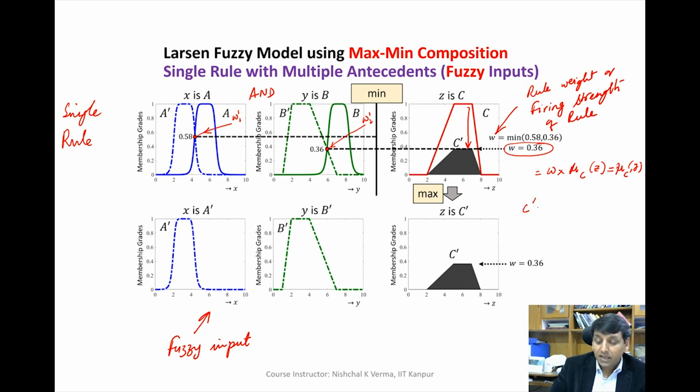So what is C dash here? C dash will be nothing but the fuzzy set defined in terms of mu C dash of z. No, this is not Y, this is Z. So this is small z, and here we have small z, this is also small z.